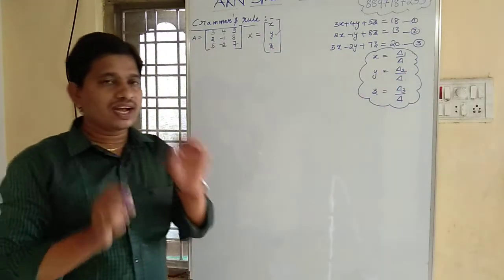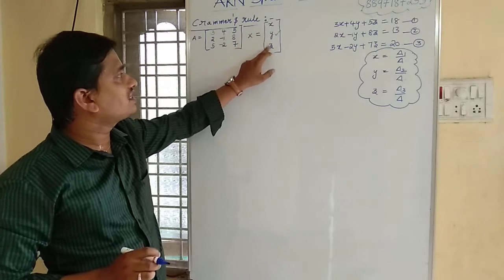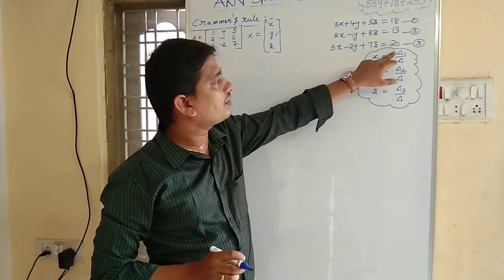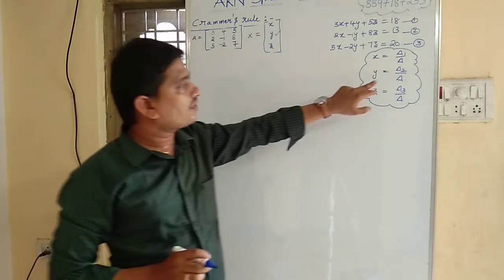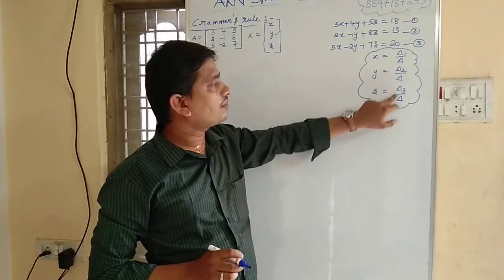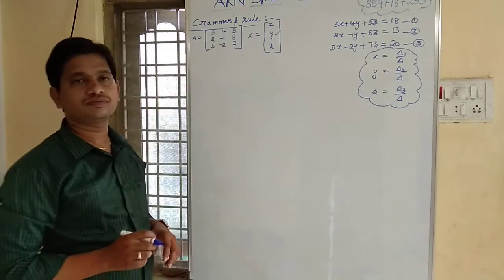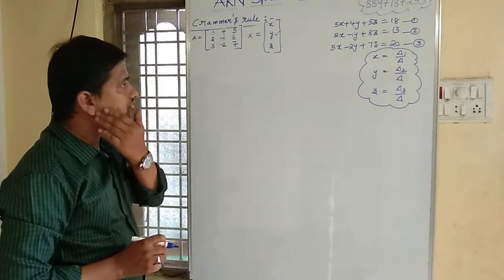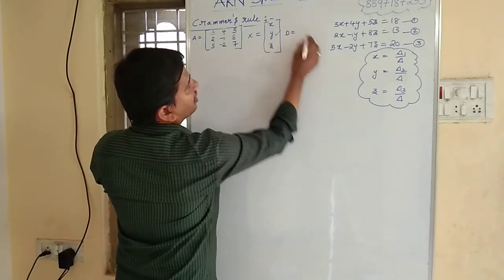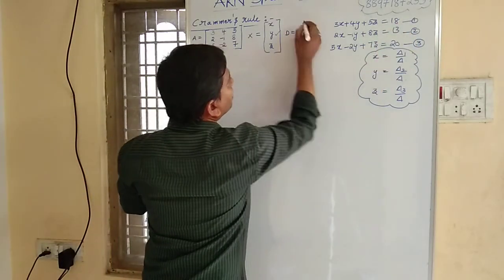Children, the values of x, y, z are called the solution of the given equations. For finding x, we have the formula delta 1 by delta. For finding y, delta 2 by delta. For finding z, delta 3 by delta. Also we have the constant matrix D, that is 18, 13, 20.